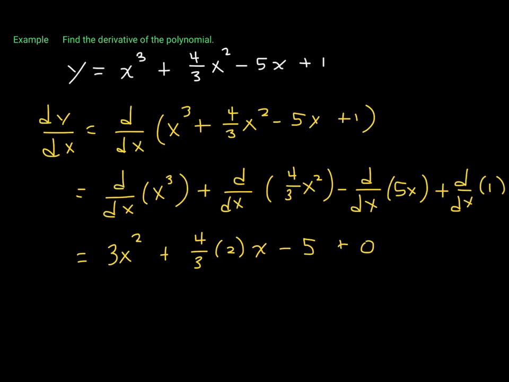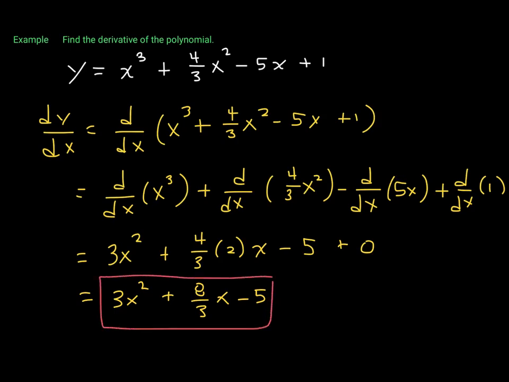Remember that the derivative of just a constant is 0. Let's simplify. So then this is 3x squared plus 8/3 x minus 5. This is the derivative of y. This is y prime, or dy/dx.